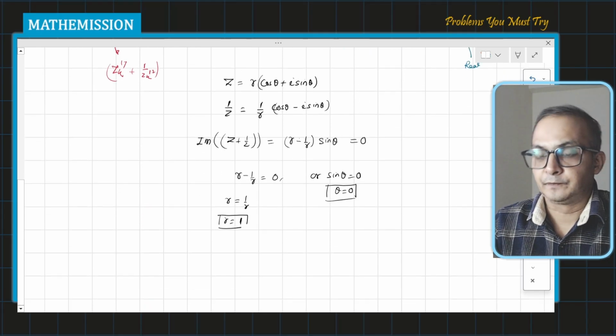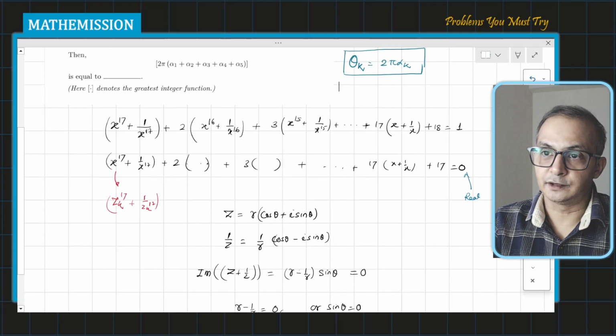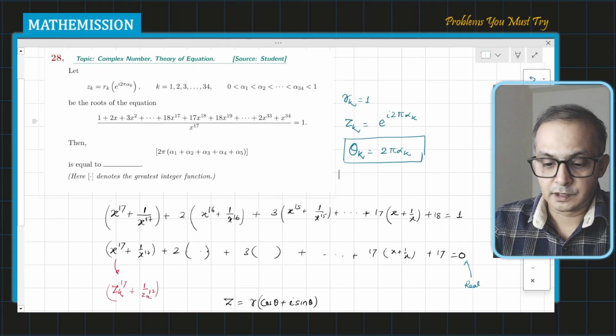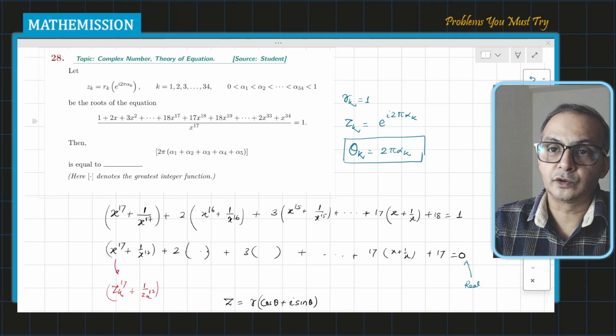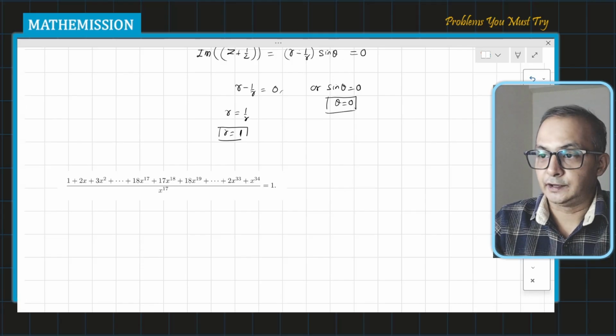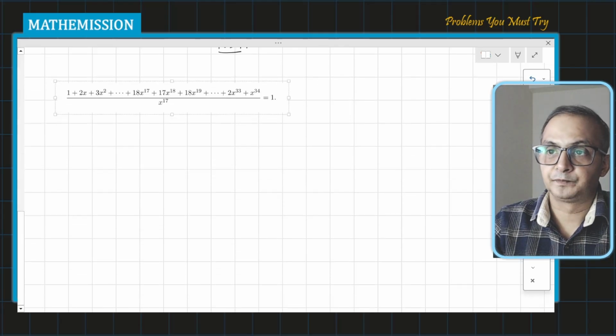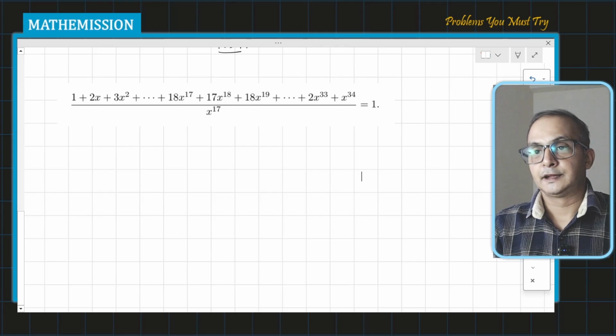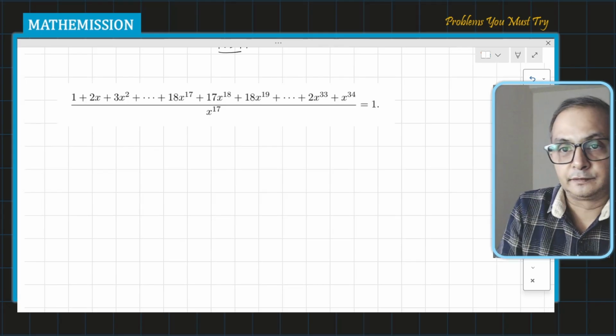The second thing is also very crucial. Let me copy this entire thing here. So what I mean to say, let me explain. The idea is this: observe the numerator here.